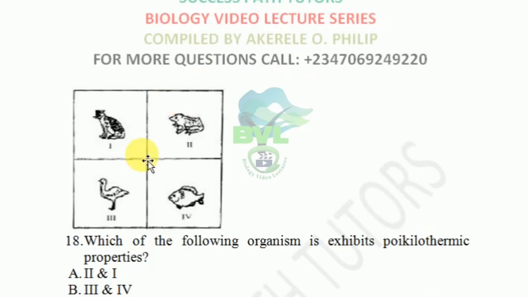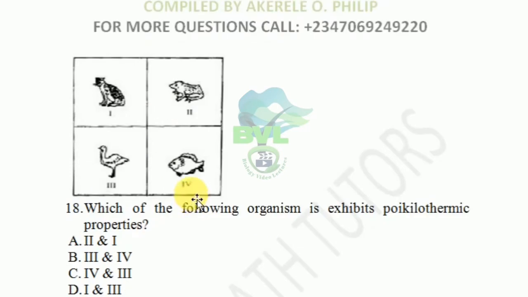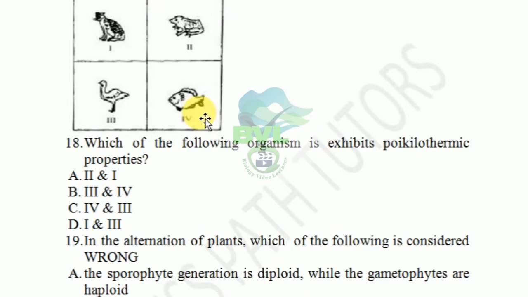Now looking at this diagram, this is a mammal, this is an amphibia, this is aves, those are birds, these are Pisces, fishes. The following exhibit poikilothermy, which means cold-blooded. That would be Pisces and amphibia, that is 2 and 4.